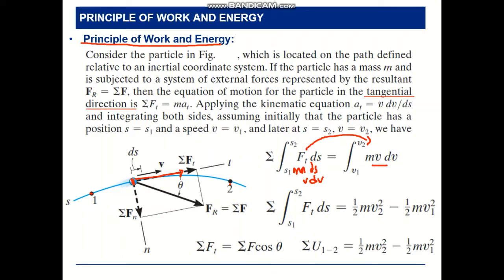If we take the integral, it's going to be 1 over 2 m times v2 squared minus v1 squared. As you see here, 1 over 2 m v2 squared minus 1 over 2 m v1 squared is our change of energy, which we know is kinetic energy, from our physics class.